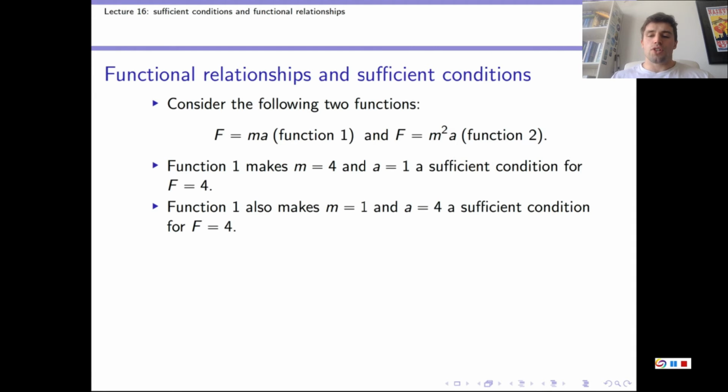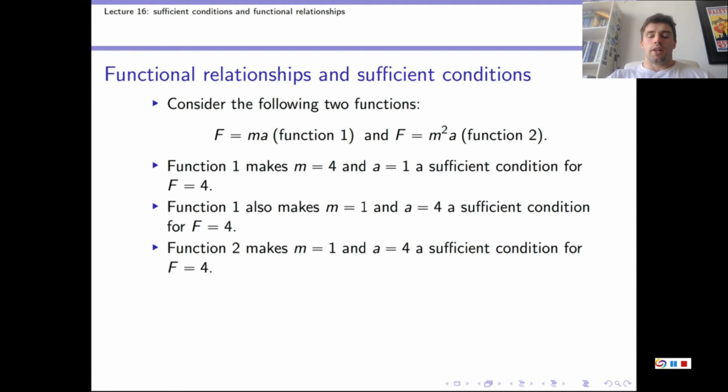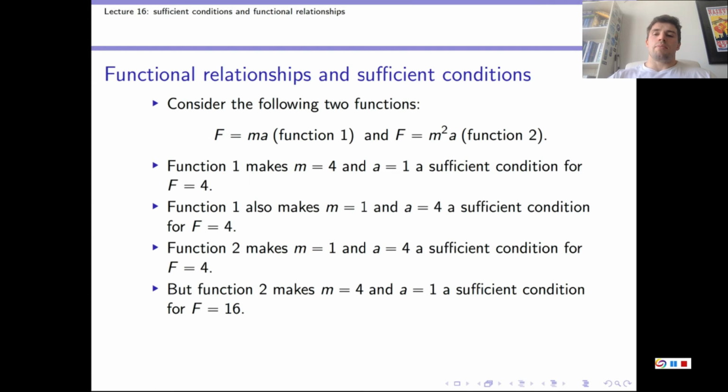Now, what does function 2 make of these values? Well, substituting them into function 2, we see that function 2 makes m equals 1 and a equals 4 a sufficient condition for f equals 4 again, but function 2 makes m equals 4 and a equals 1 a sufficient condition for f equals 16. That's what you get if you substitute those values into function 2.